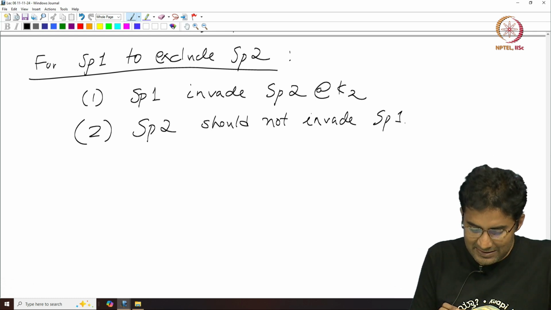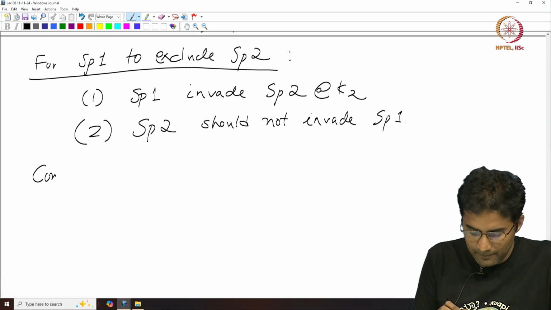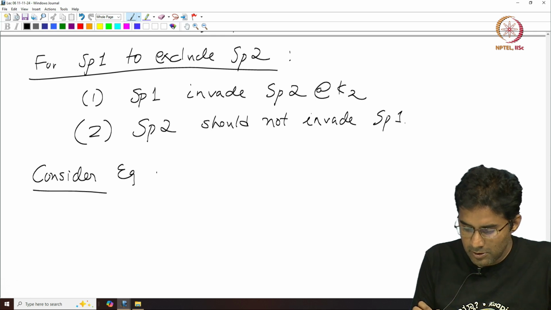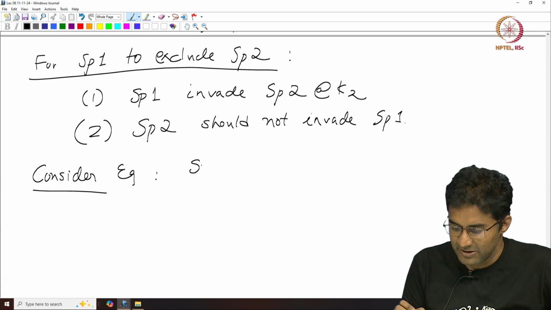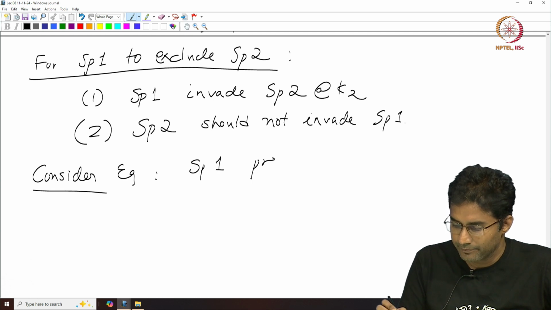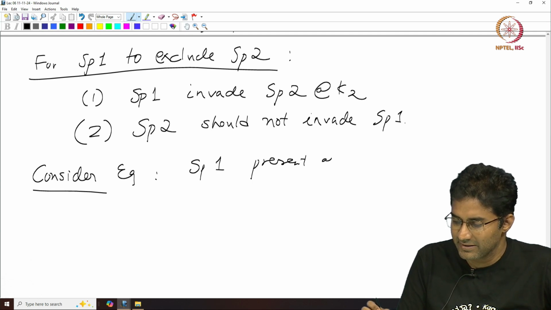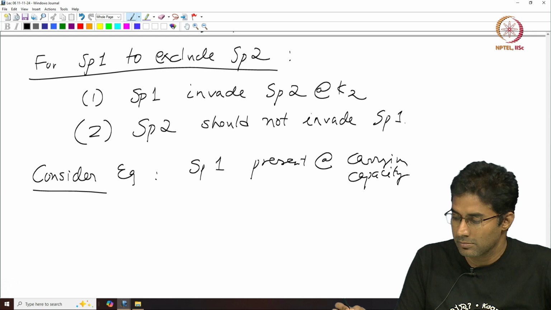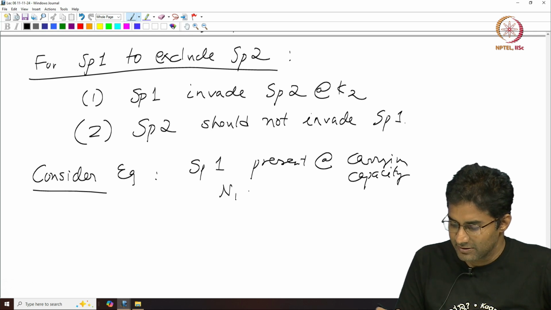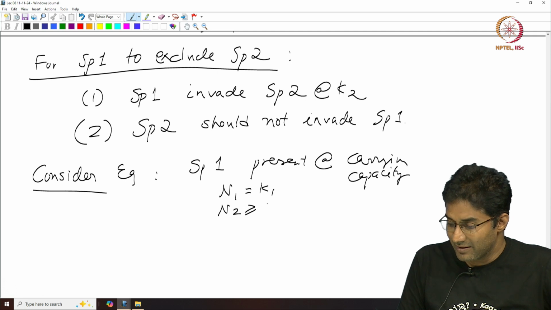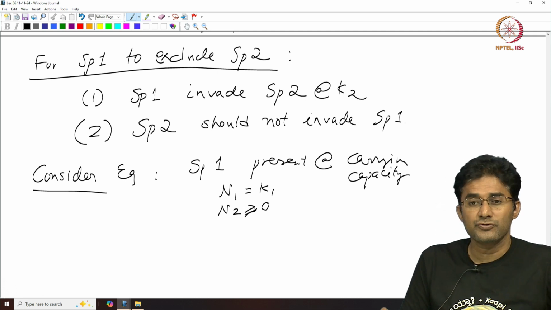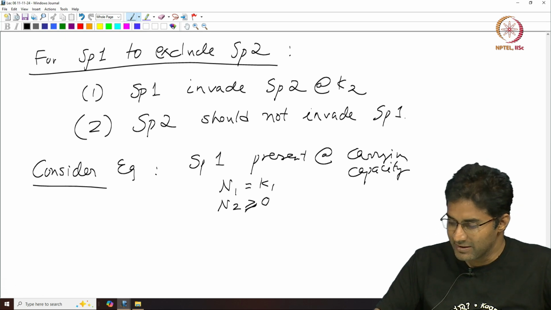So, what this means is that consider the equilibrium where only species 1 is present at its carrying capacity, which means that N1 is close to K1, whereas N2 is greater than but very close to 0. Okay. So, we are looking at this equilibrium.